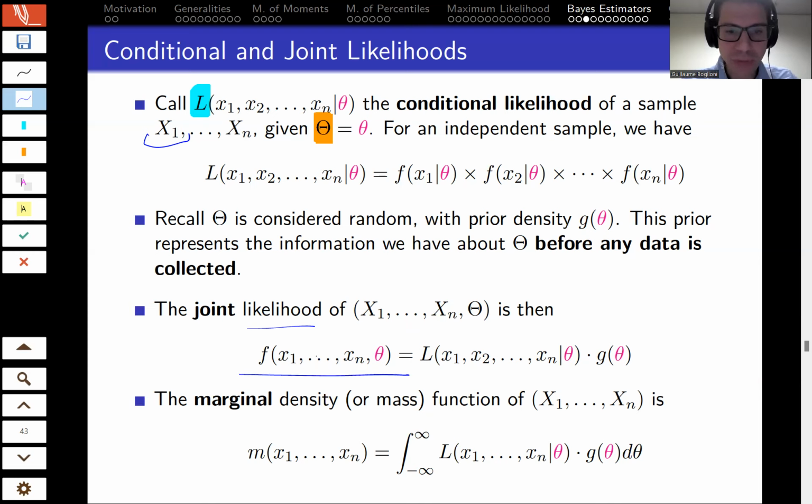But anyway, what matters is really the definition of this joint likelihood. It will be simply the conditional likelihood of all the data given the parameter times the marginal density of the parameter.